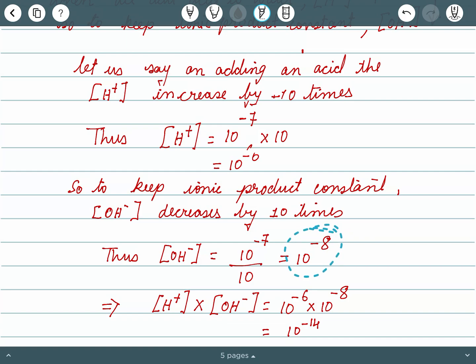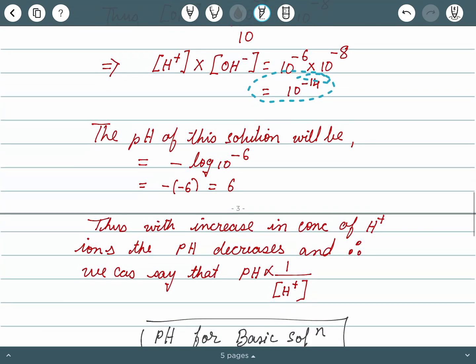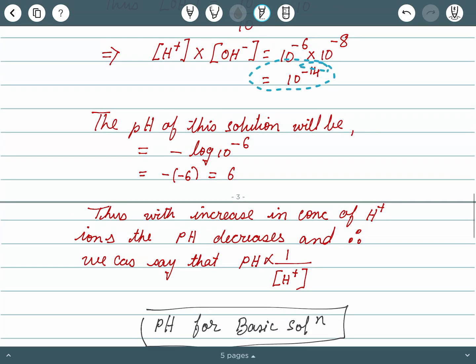So the H plus ion concentration, the newer one, is 10 to the power minus 6 by increasing 10 times. And the OH minus ion concentration now, by decreasing 10 times, has become 10 to the power minus 8. The ionic product still remains constant, and that is 10 to the power minus 14. But what is going to be the pH now?